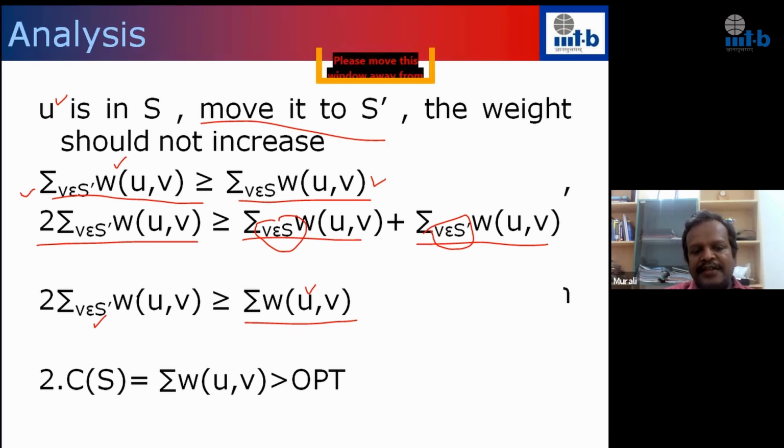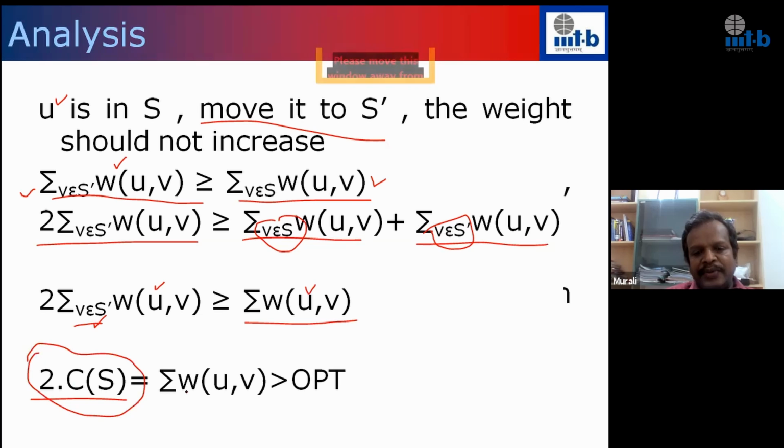You can write a similar equation. I'll get another equation like this. If I add up that and this equation, what I get is the weight of the cut. Remember that U is here and V is in S dash. In the other equation, U will be in S dash and the summation will be over S. When I add up everything, what I basically have is 2 times the size of the cut.